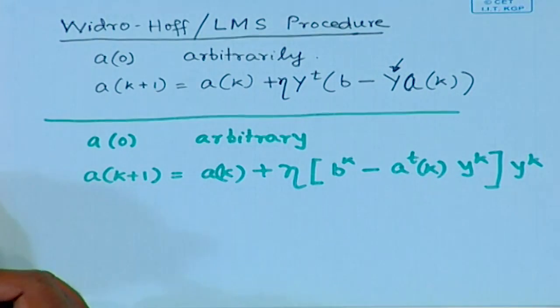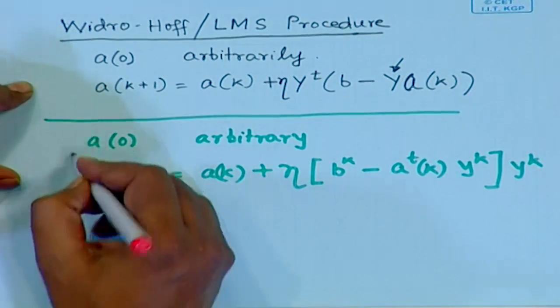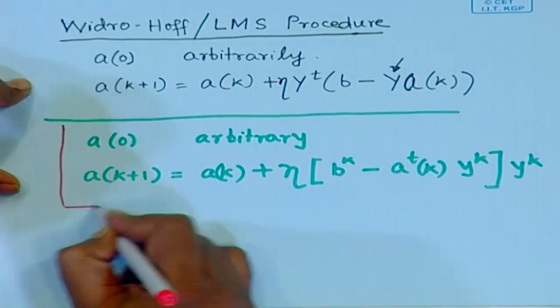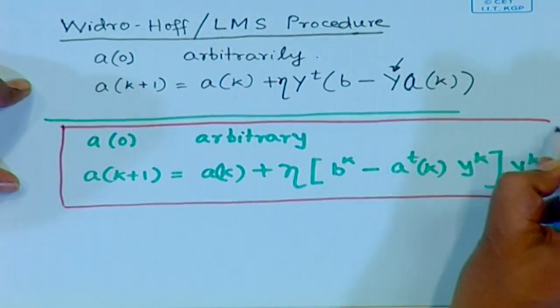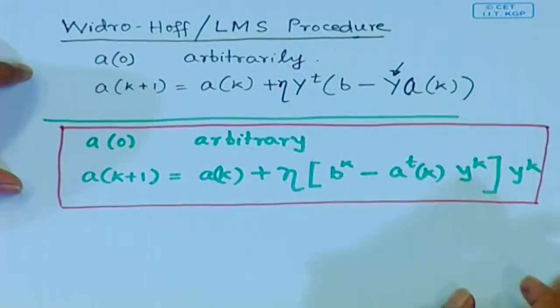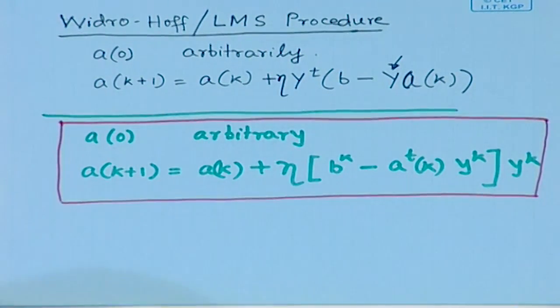So, this is the sequential version of the same least mean square procedure, which makes use of the iterative technique to find the weight vector A.